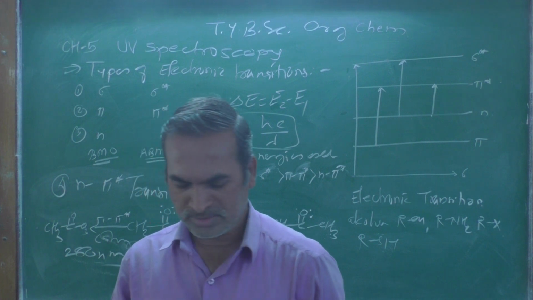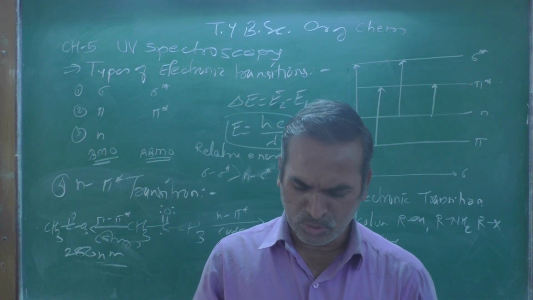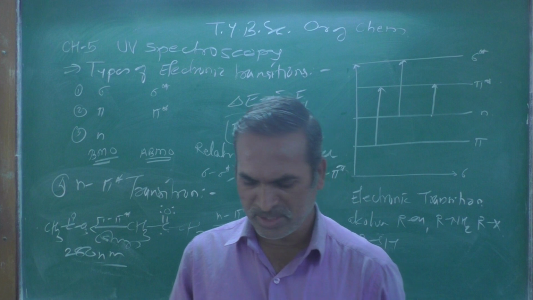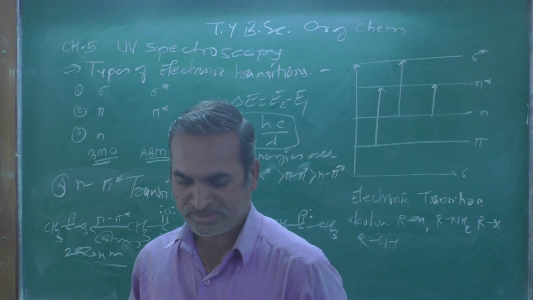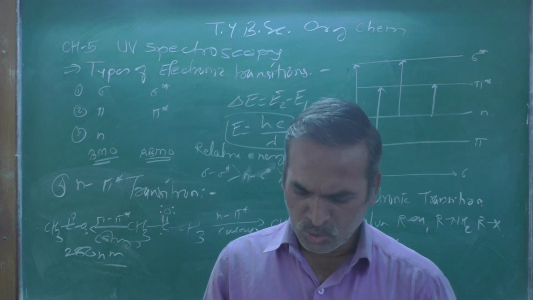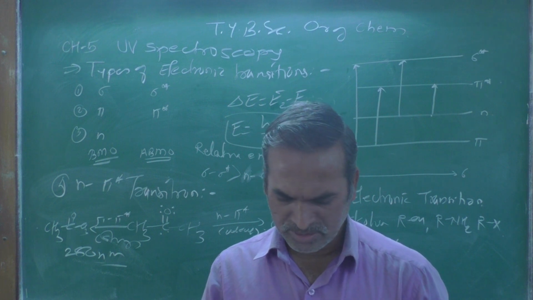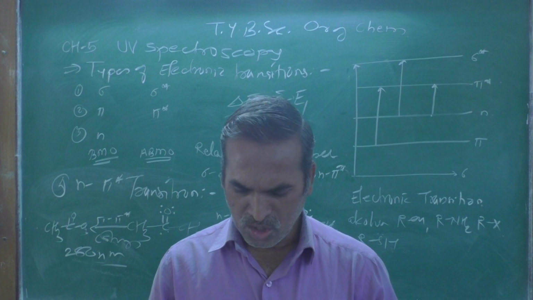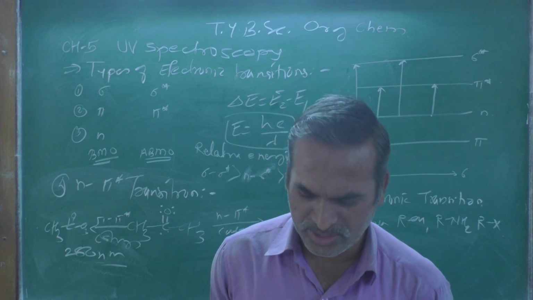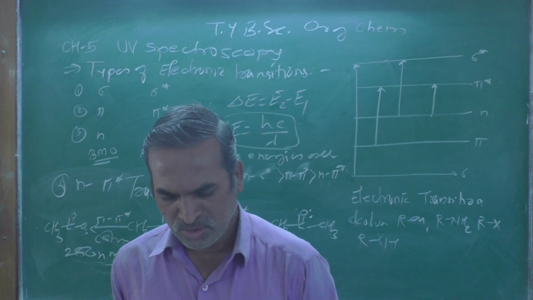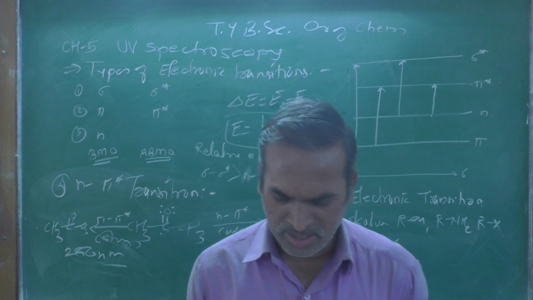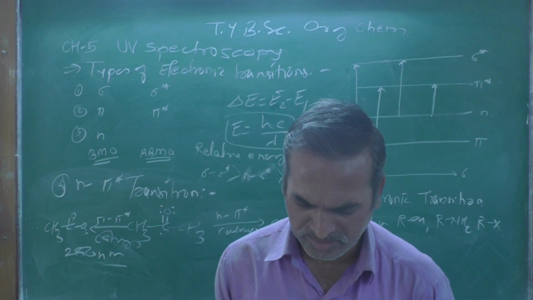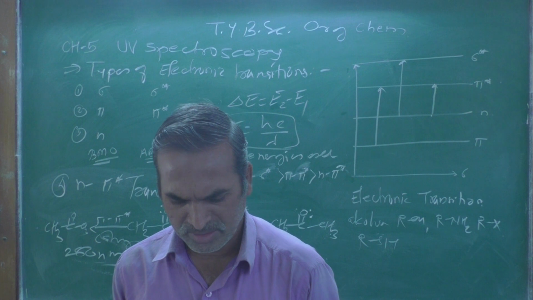In general, all n to pi star excitation takes place at higher wavelength, low energy, but has a lower probability of excitation. On the other hand, pi to pi star transition requires lower wavelength, higher energy, but their probability is high.